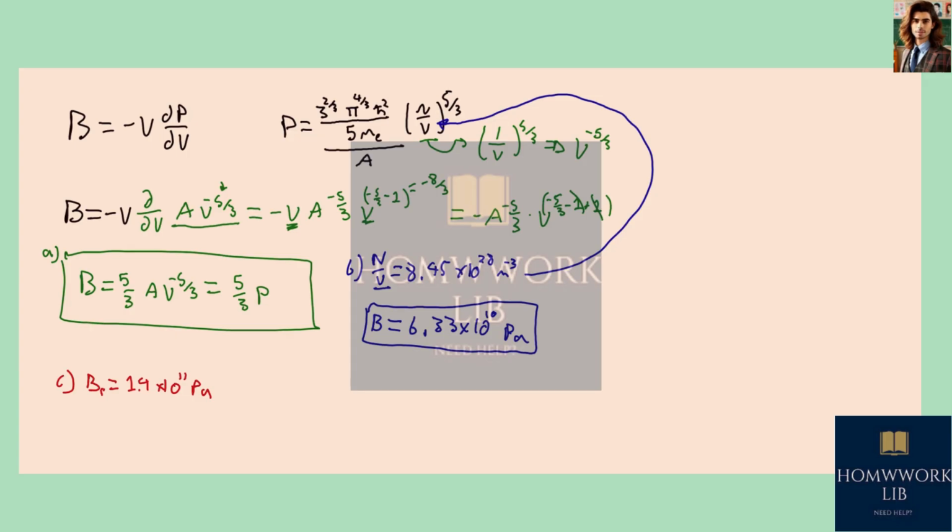And based on our result in part B, what fraction of this is due to the free electrons? So we should simply divide our B by B real, and we get something like 0.45. So about 45% of the bulk modulus of copper is solely due to the free electrons in that copper.